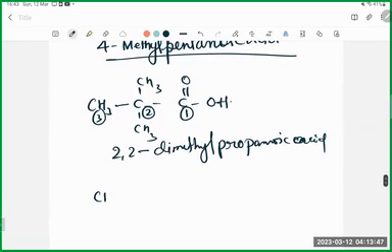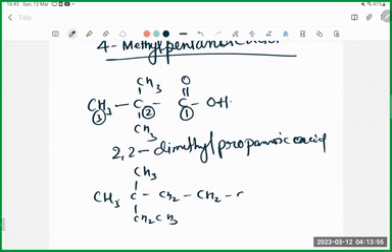If suppose I take this compound CH2, CH3, CH3, CH2, CH2, COOH, then how will you name this? Select the long carbon chain. ठीक है? Selection of the long carbon chain is like driving one way. We cannot take a turn and go back. ठीक है?